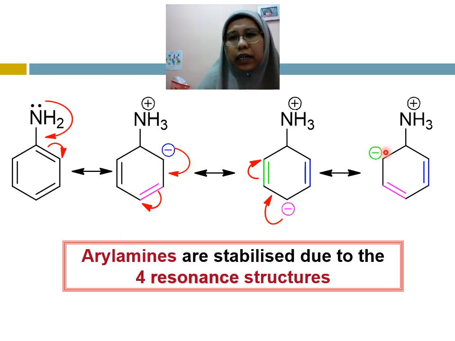So the electron from the lone pair of nitrogen is going to move around inside the benzene ring all the time. So this will make aryl amine more stable. So hydrogen from outside is not available to be bonded with nitrogen here because the electron is used inside the ring.